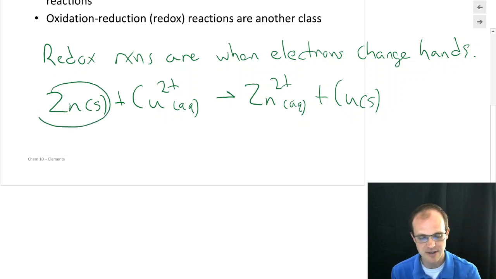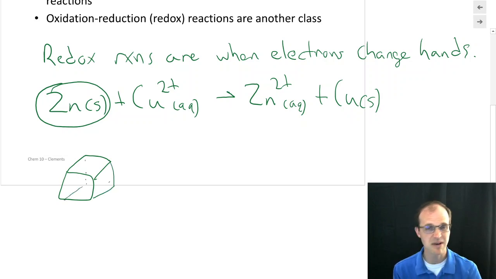Let's start over here with zinc solid, right? It's just a big pile of zinc. You've got this little cube here. That's a big pile of zinc. What's the charge on a big pile of zinc? Like, I don't know. Why would I know that? Well, if we think about it, can there be a charge on a big pile of zinc? In order to be a charge, what do you need to do? You need to give away electrons.